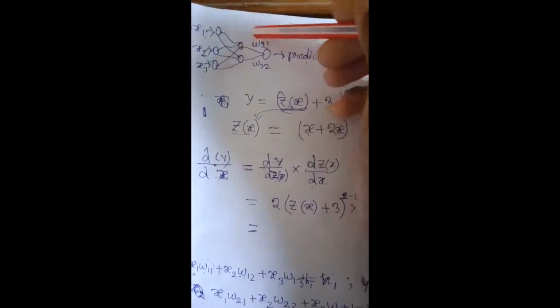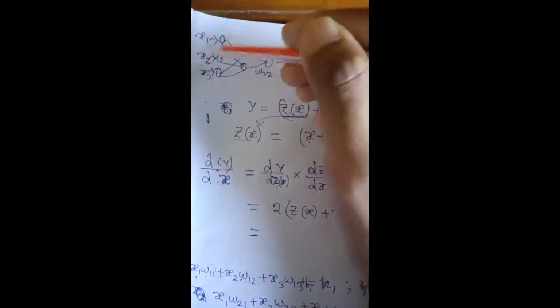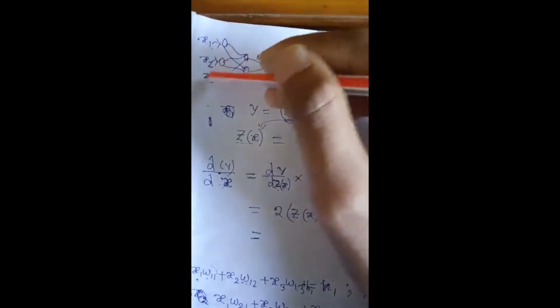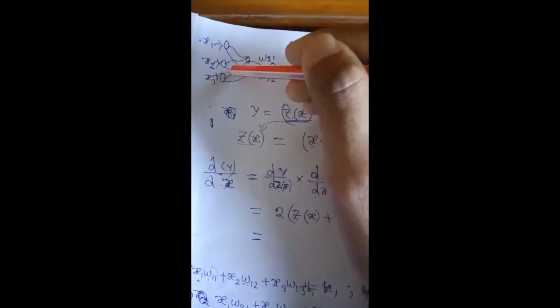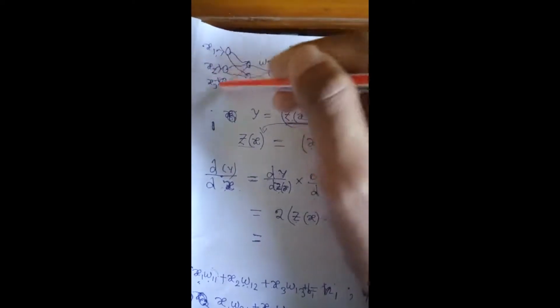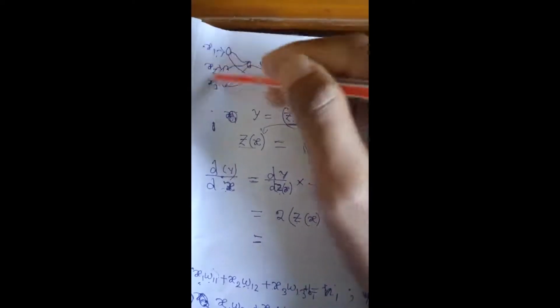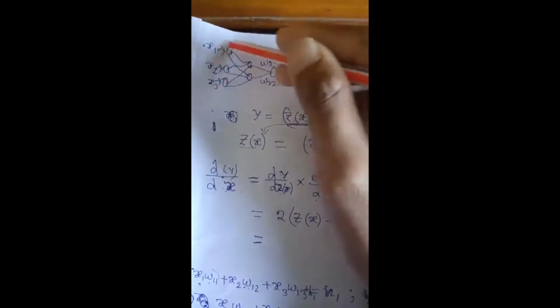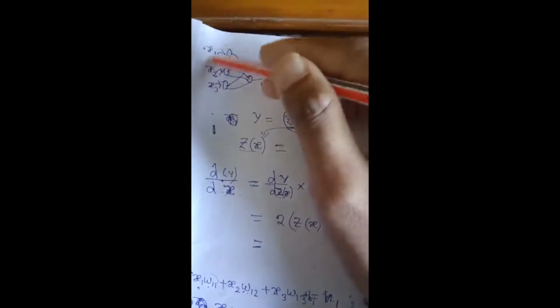So what is y1? y1 is x1 w11 plus x2 w12 plus x3 w13. In the previous video I showed you how we do all of this calculation, multiplication, and addition. If you do not understand, just go to the previous video and see that, then come back here.